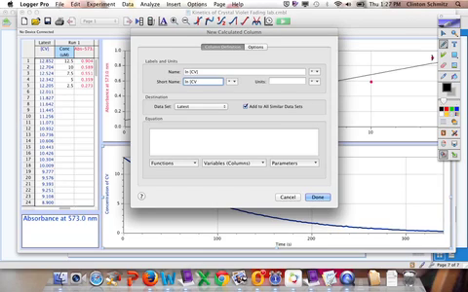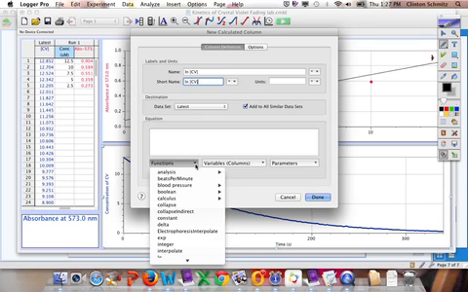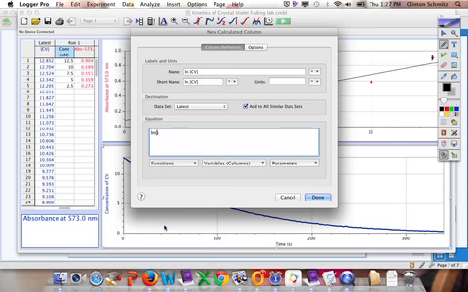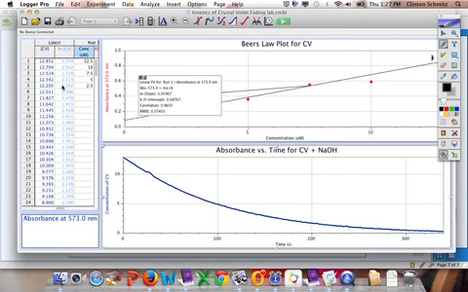I guess it's the same as the long name. We're going to choose the function of natural log and multiply that by the concentration of crystal violet. Then we're going to hit done, and it should put that column in for us.